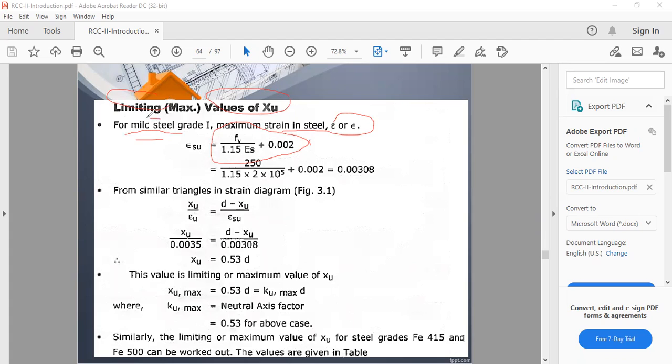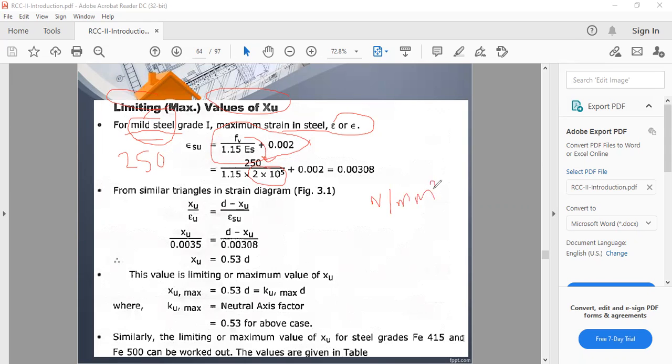Now, since we are considering mild steel, what is the grade? 250. So 250 has been assigned here. Now, Es is the modulus of elasticity for steel. What is the value? 2 into 10 raised to the power 5 Newton per mm square.